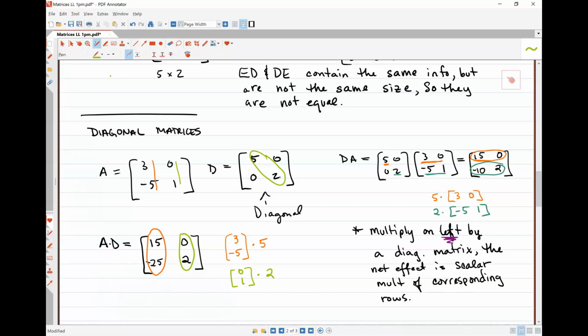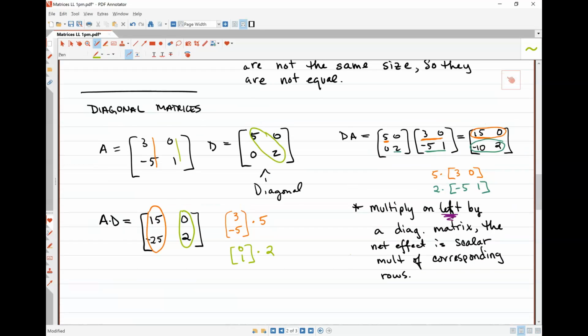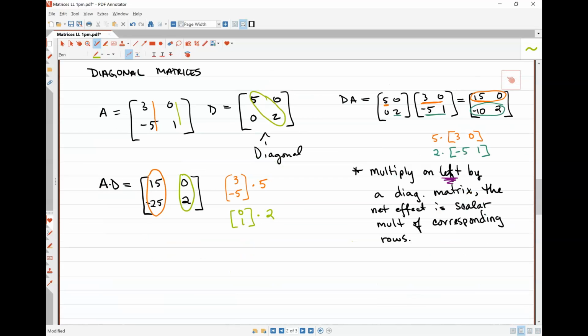It's those corresponding entries in the diagonal matrix. So when you multiply on the left, you're multiplying the rows of the matrix. And when you multiply on the right by a diagonal matrix, you're multiplying the columns by those corresponding diagonal entries.